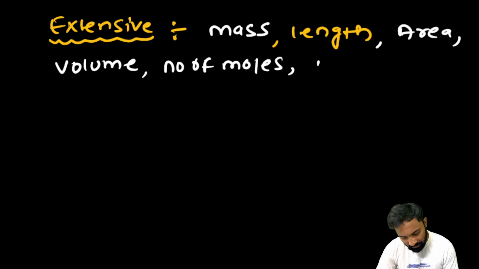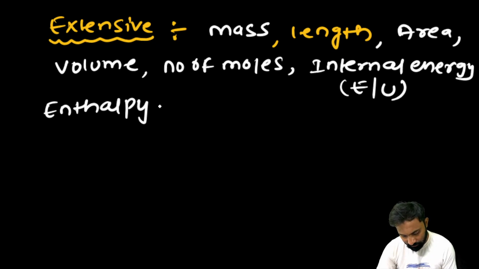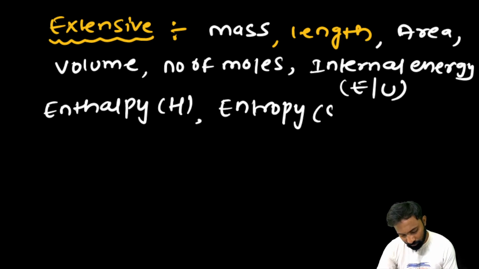Those are internal energy, which also comes under the extensive property. Internal energy can be represented by E or U. Next, enthalpy, H. Next, entropy, S. Next, Gibbs free energy.